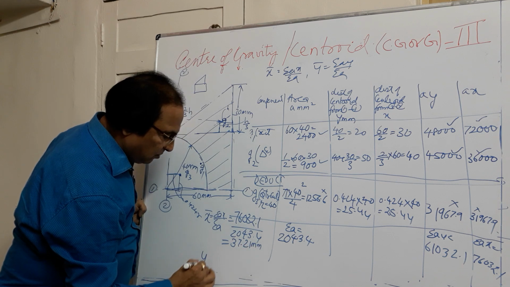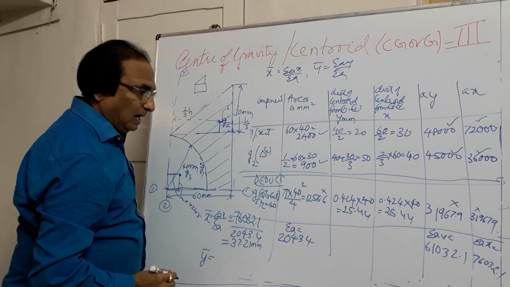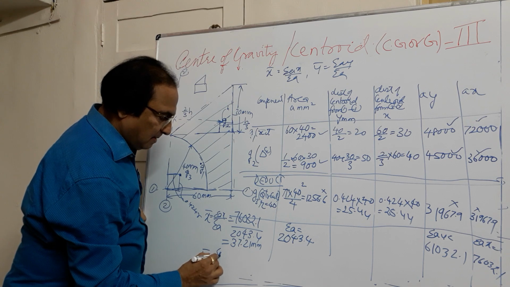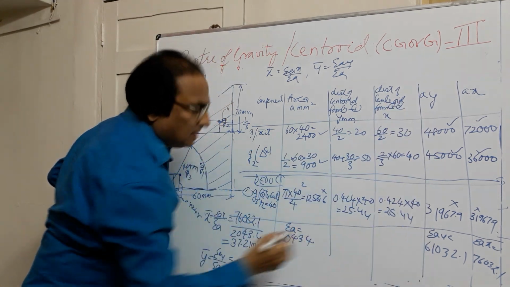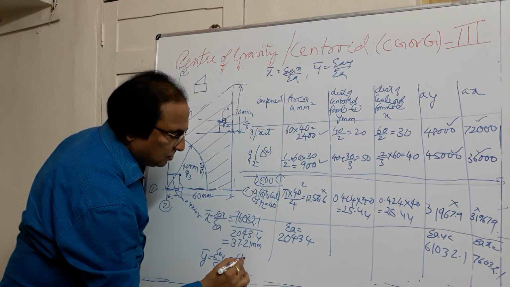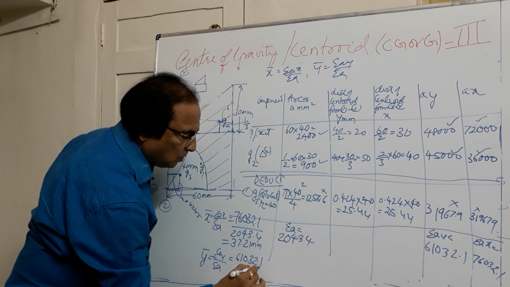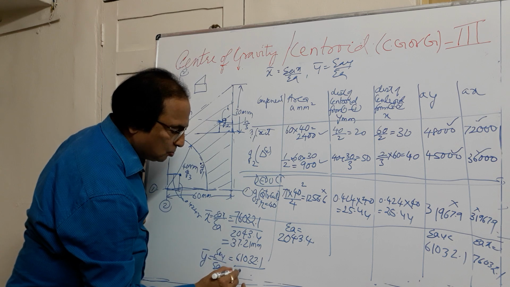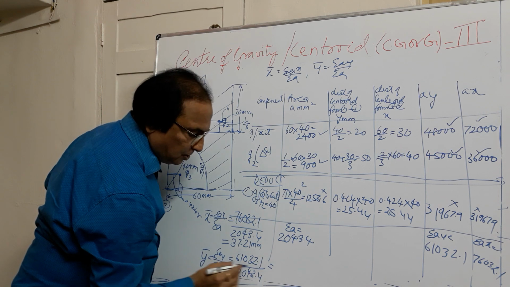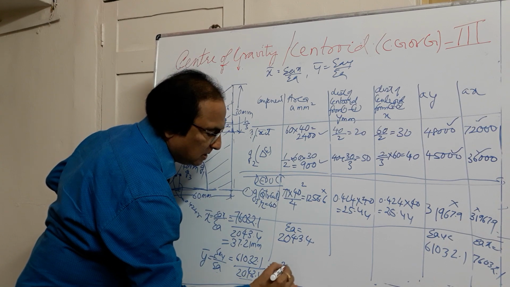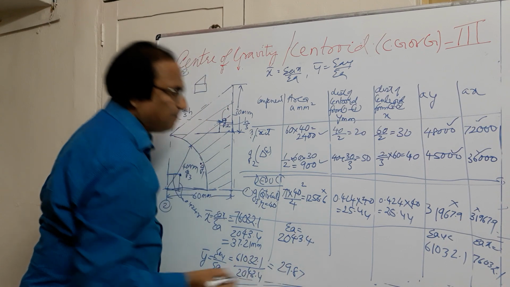On same lines, y bar is sigma AY by sigma A. So sigma AY is this column, 61032.1 divided by area is 2043.4. If you simplify this, you get y bar is equal to 29.87.